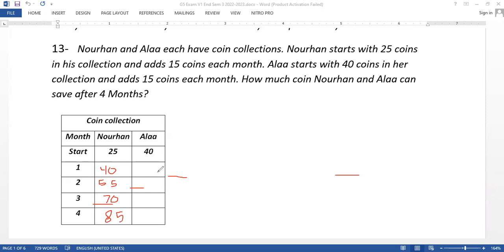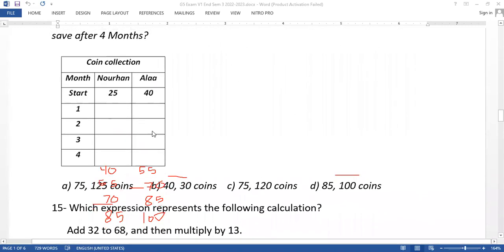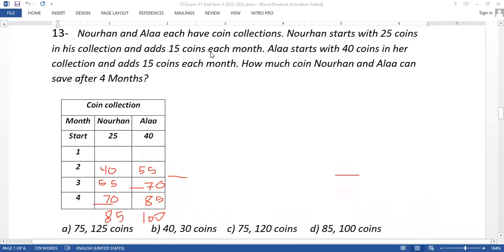Now for Ala, 40, plus 15, 55, plus 15, 70, plus 15, 85, plus 15, 100. So look at the choices. I want 85 and 100. So the answer is D. From the table, I can now get the answer is D.